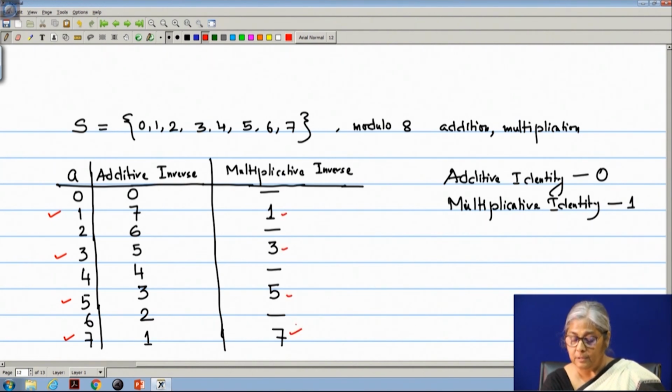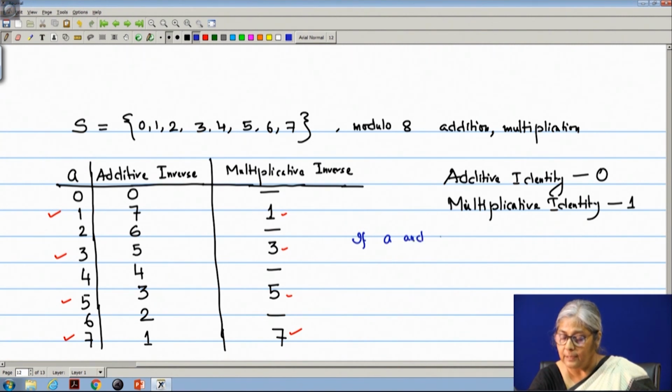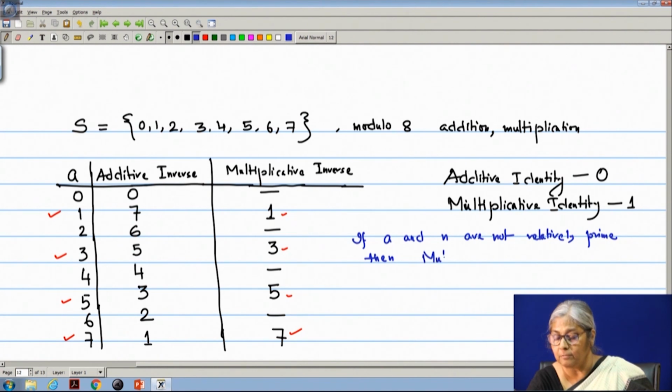And if A and n are not relatively prime, then the multiplicative inverse does not exist.